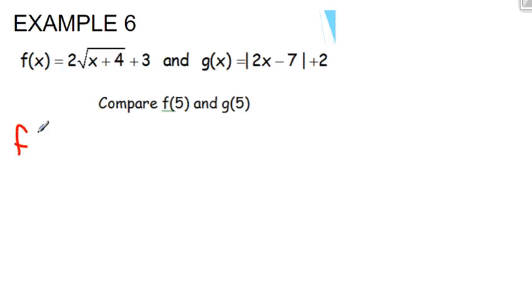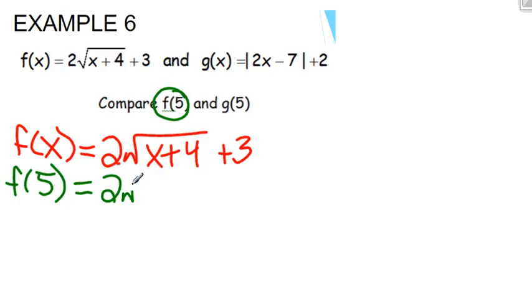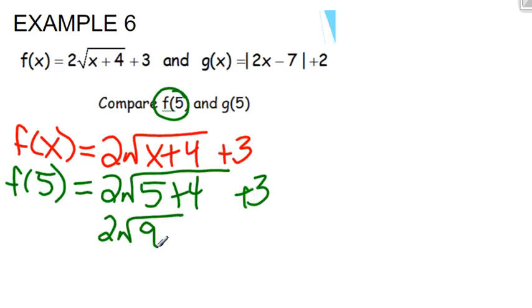So I'm going to start with f of x, which is that square root function, 2 square root of x plus 4 plus 3. And I want to evaluate it at the value of 5. So f of 5 is going to equal 2 times the square root of 5 plus 4 plus 3. So inside there, we know that we are going to have 9.